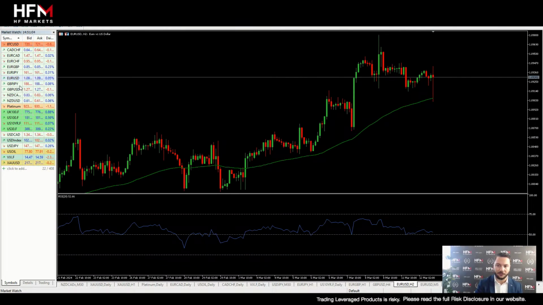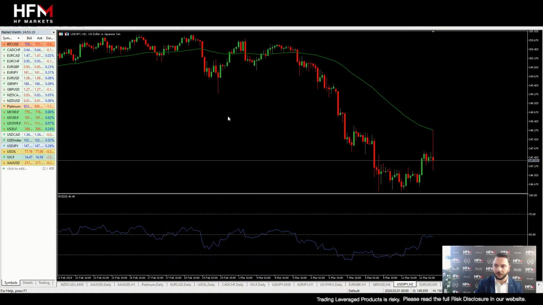Now, if we go to a different currency pair, and then we'll look at commodities, and then we'll look at equities as well. If I look at, for example, the US dollar against the Japanese yen, we can see that price rejection as well. This is very interesting because you can see again it's moved up to that resistant level, which is our trend line here, and it's moved just below the neutral level.